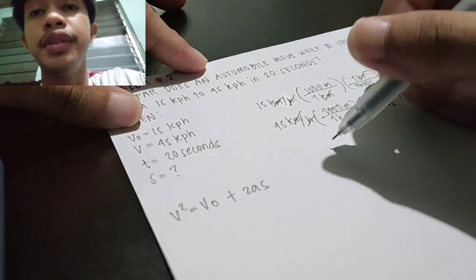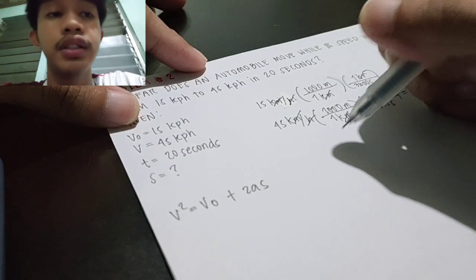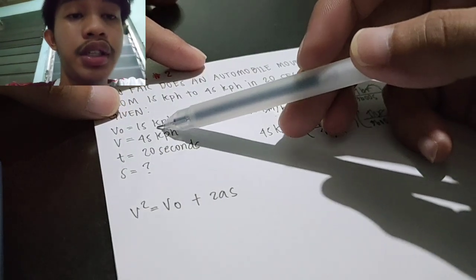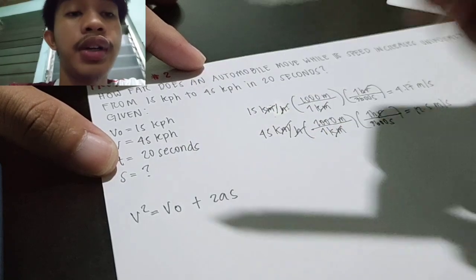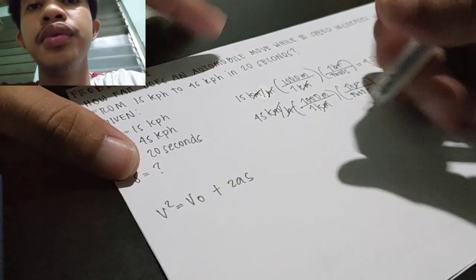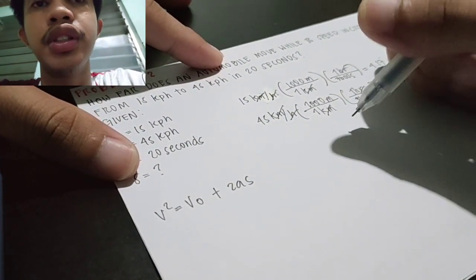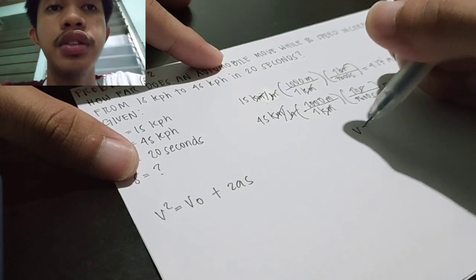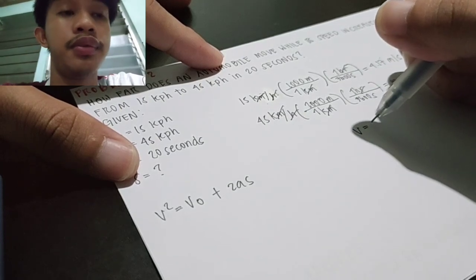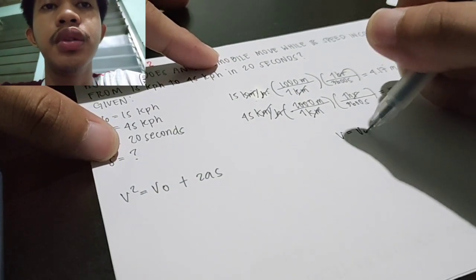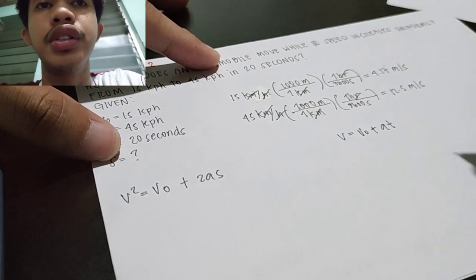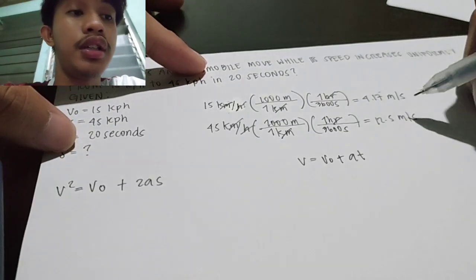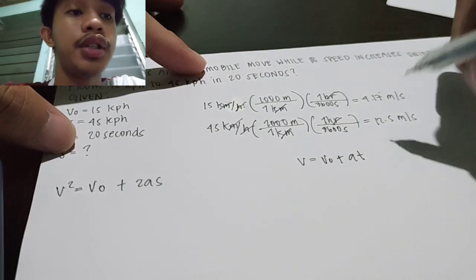So we are given the initial velocity, also the final, and we have time t. So to find the acceleration, we will perform the second equation, which is v is equal to v0 plus at, where v0 is, let's use the converted values.